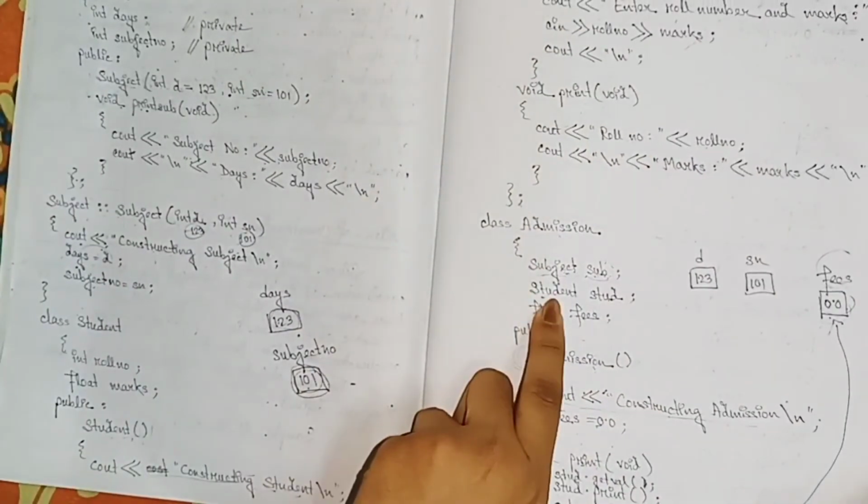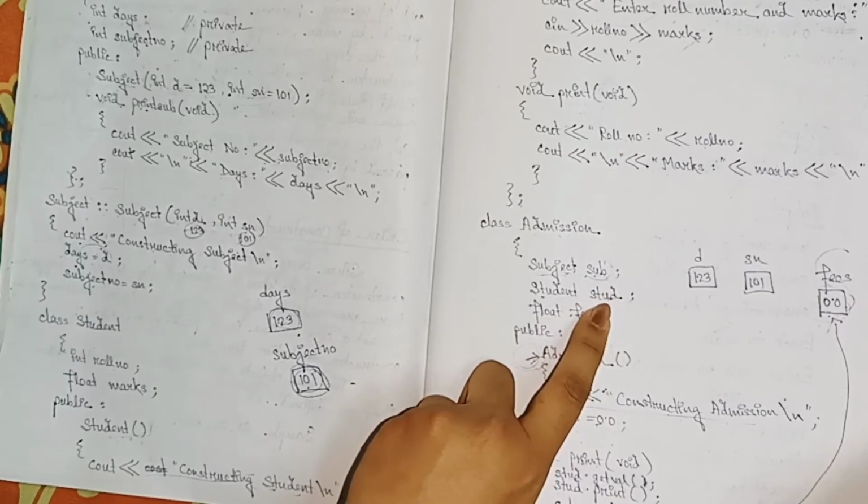So that's why first the subject class is constructed. Then the invocation was for the student, that is student subject was defined. So the second construction was for the student class.